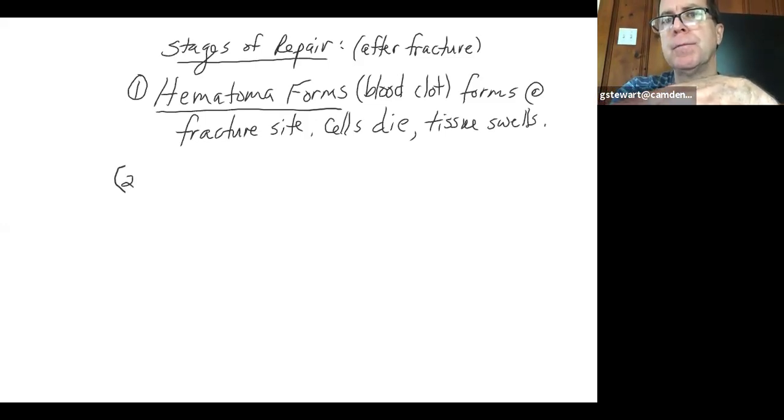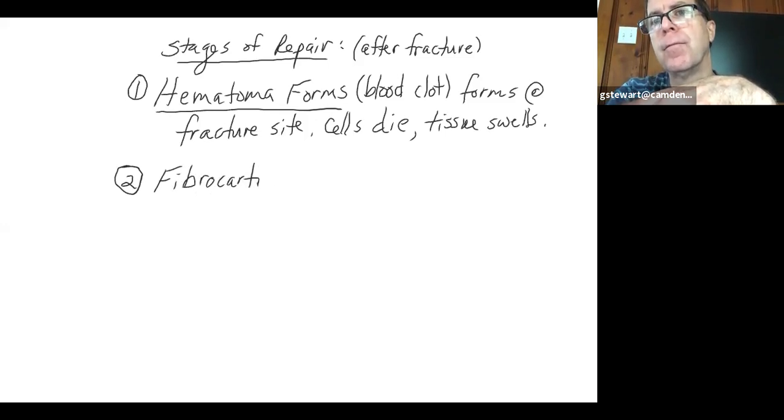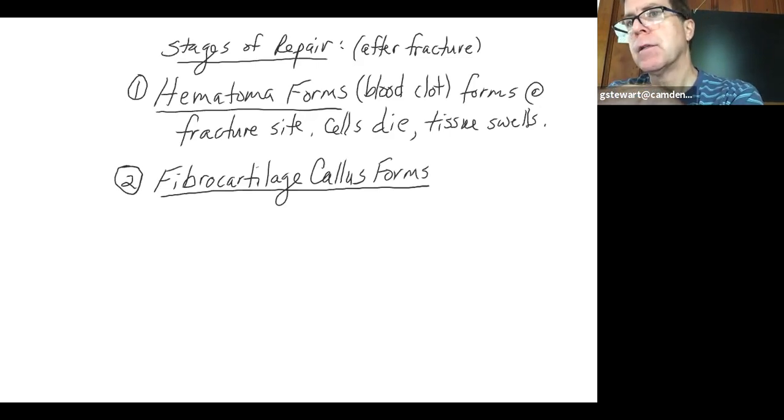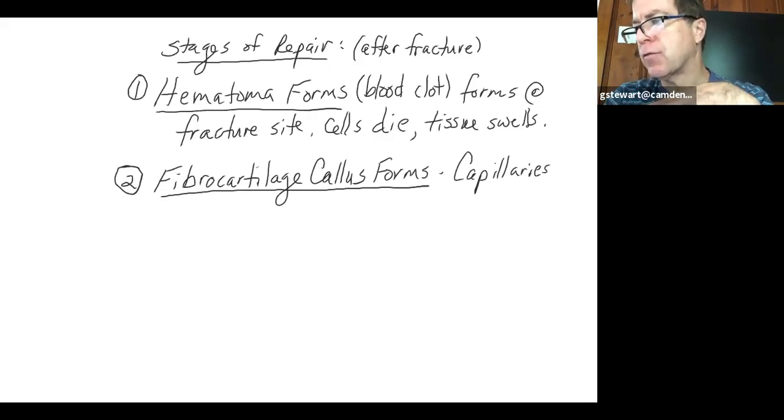Stage 2, in the healing process, a fibrocartilage callus then forms in the area of fracture. Capillaries, which are tiny blood vessels, grow into the area. This is the process of the fibrocartilage callus forming.